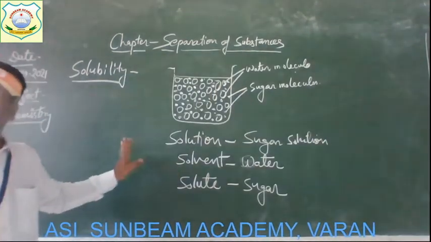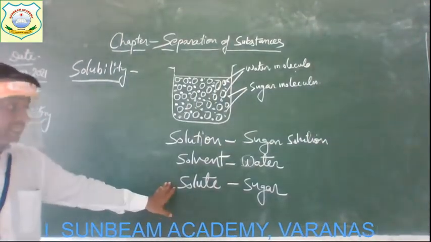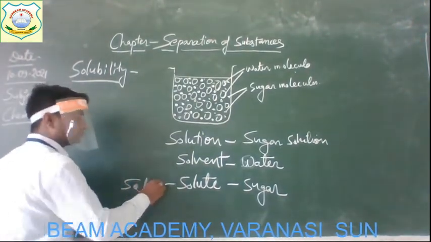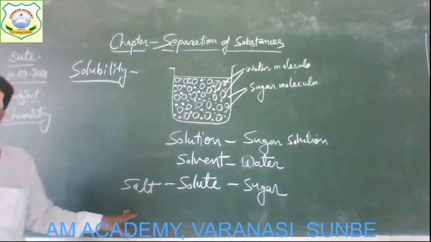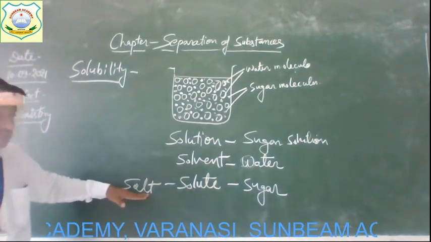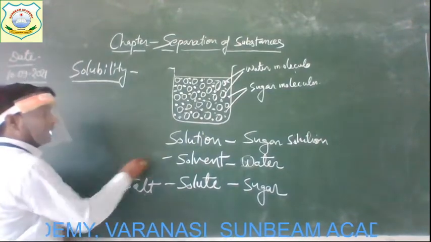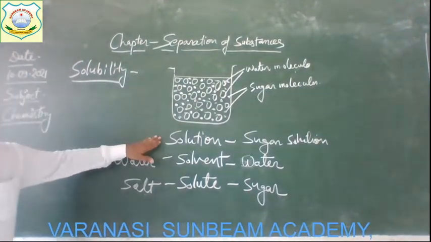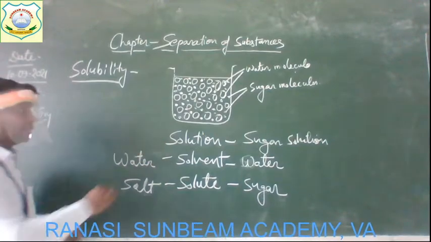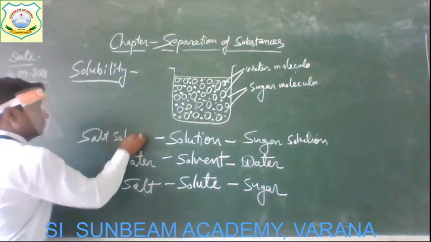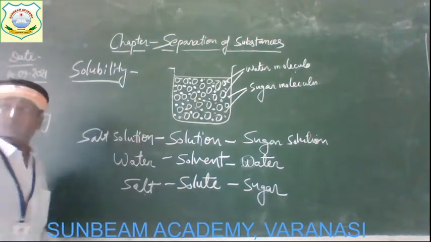Just like that, in another example, another solute is salt. Salt is also a solute because it can dissolve in solvent. So when this solute dissolves in the solvent, say water, the mixture will be known as solution. Which solution? Salt solution.